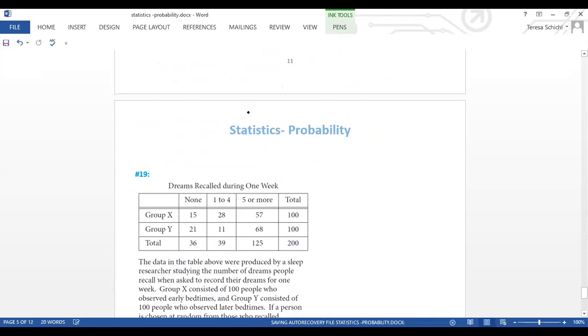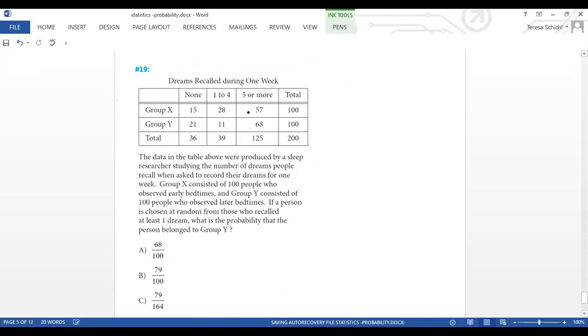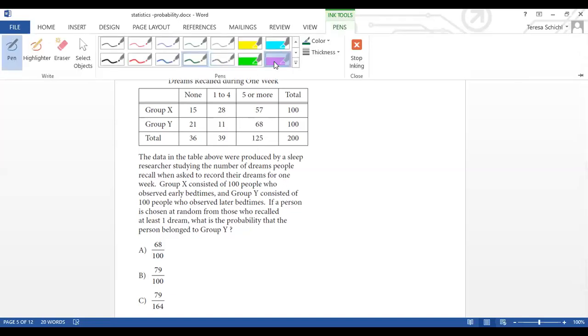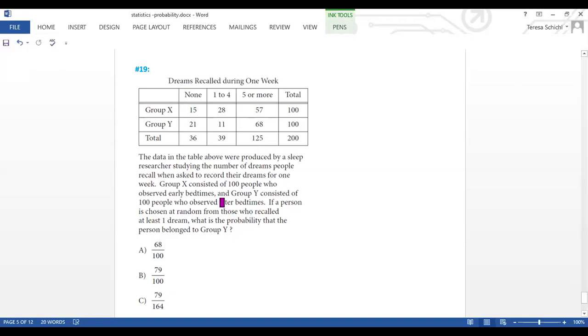Okay, so now let's take a look at number 19 here. Number 19 is also a very interesting problem. Let's say the data in the table was produced by sleeping research. Group X consists of 100 people who observed earlier bedtime, and group Y is the later owl, they stayed later, right? So it's observed late bedtime.